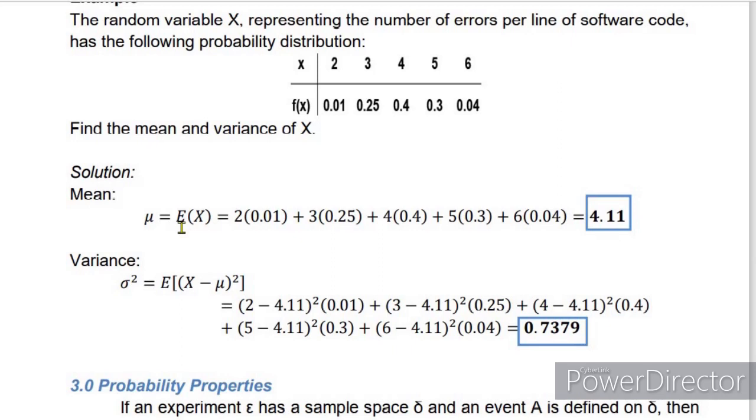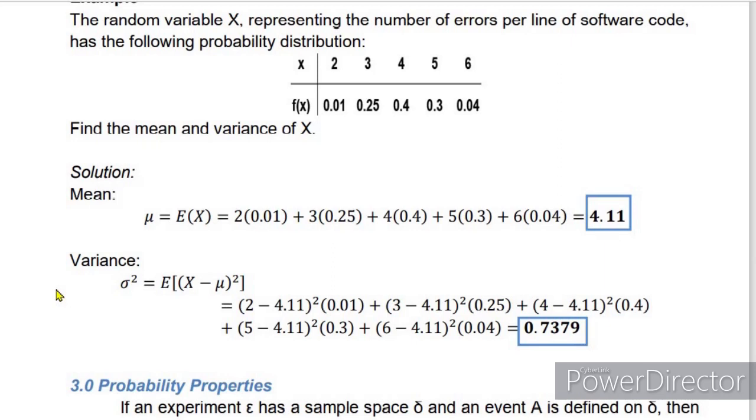this is a discrete variable, or discrete distribution. So the variance, sigma squared, is equal to the expected value of the square of the quantity x minus mu. Here we will first get the square of the difference of each random variable and the value of the mean that we got.